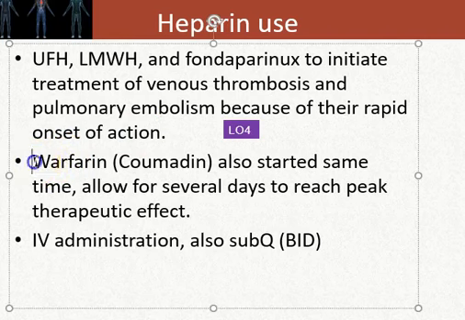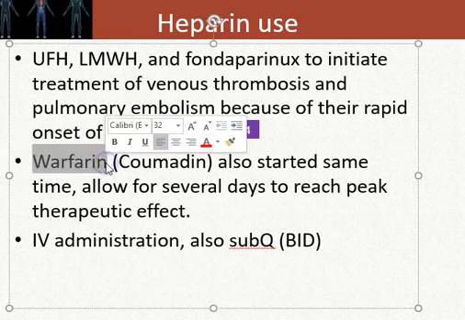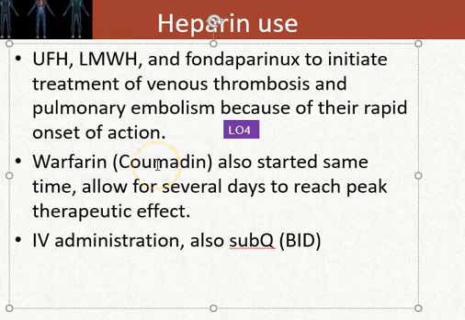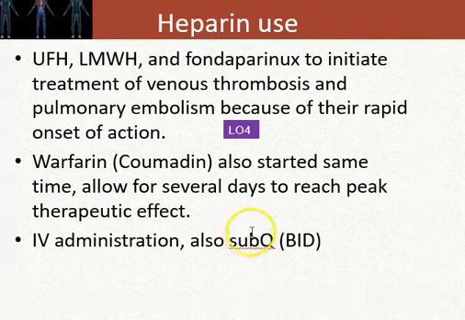You'll never start warfarin, which is an oral tablet, or Coumadin, naively. So the patient always has to have heparin on board before warfarin can be initiated, and we'll show you that process and why that is so later in this presentation. And of course, heparins typically are given IV. Also can be given subcutaneously.